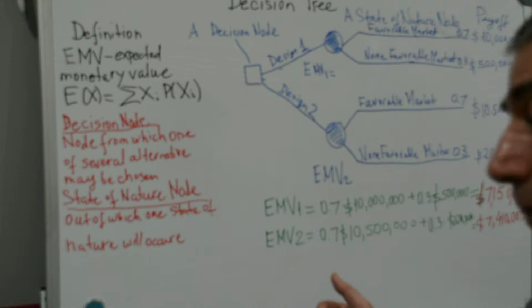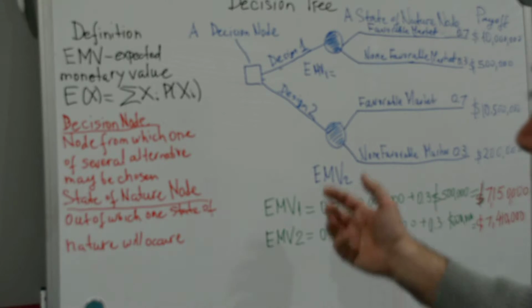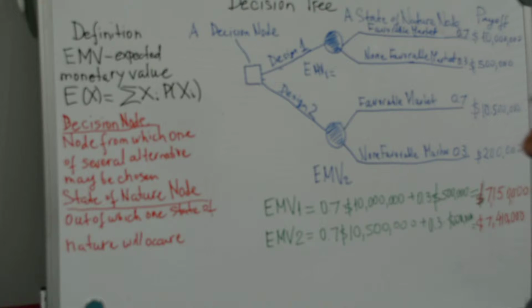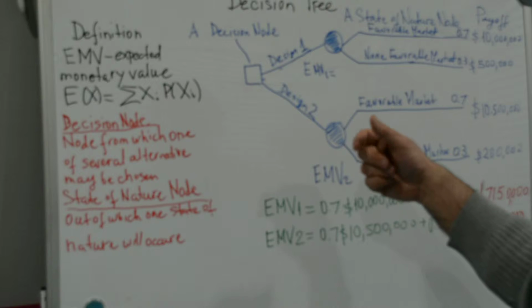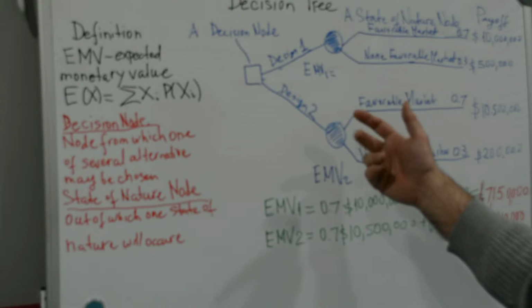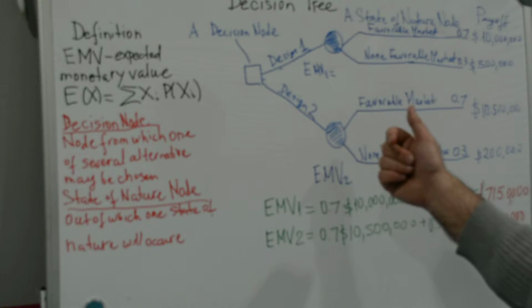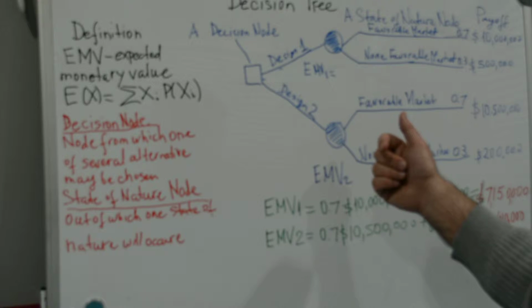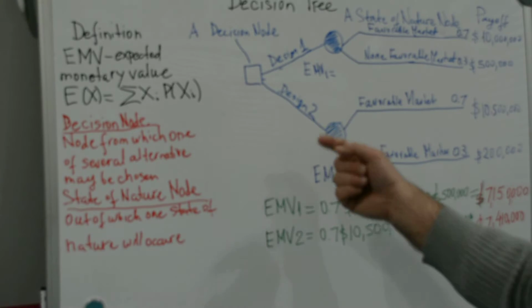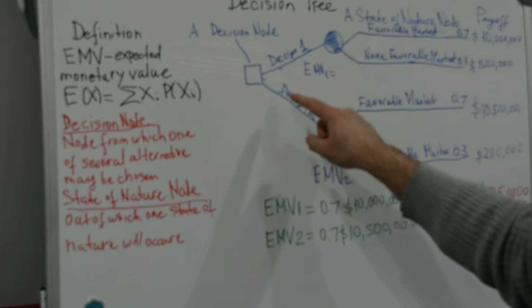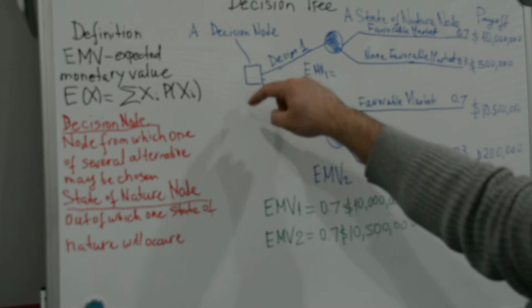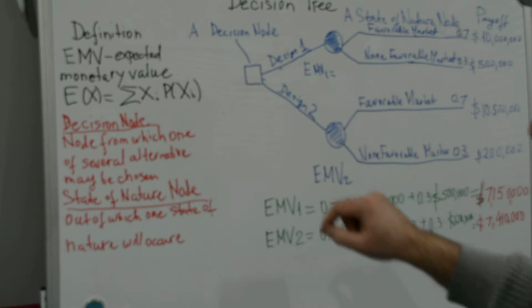We have two competitive designs, design 1 and design 2. So in this case, there's a decision to be made, which will be a selection between design 1 and design 2. So design 1 and design 2, they culminate in decision node.